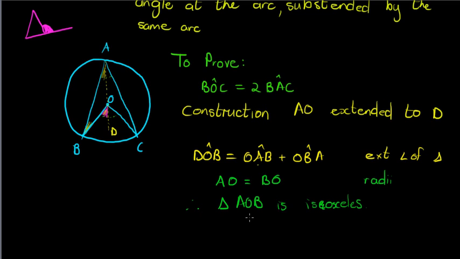Something like that. Okay. Therefore, angle OAB is equal to angle OBA. Base angles of isosceles triangle. Make sense?